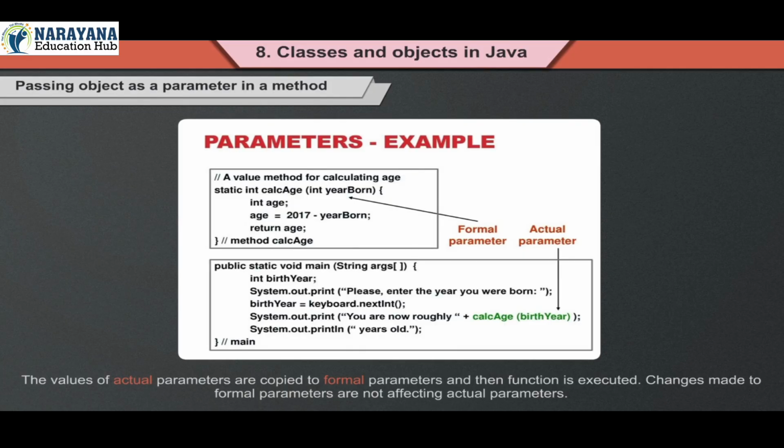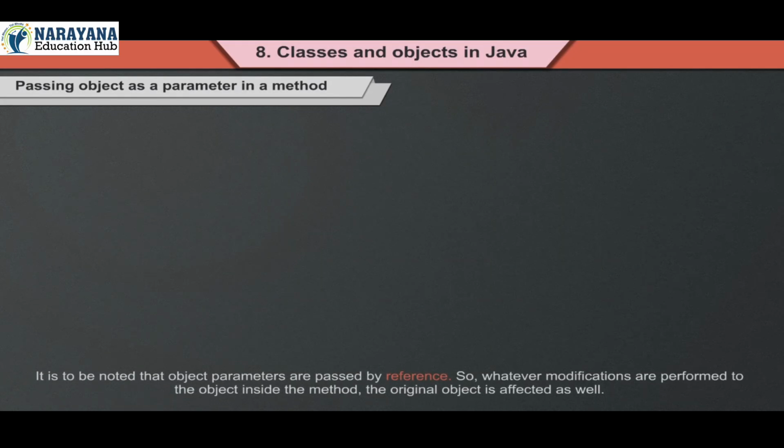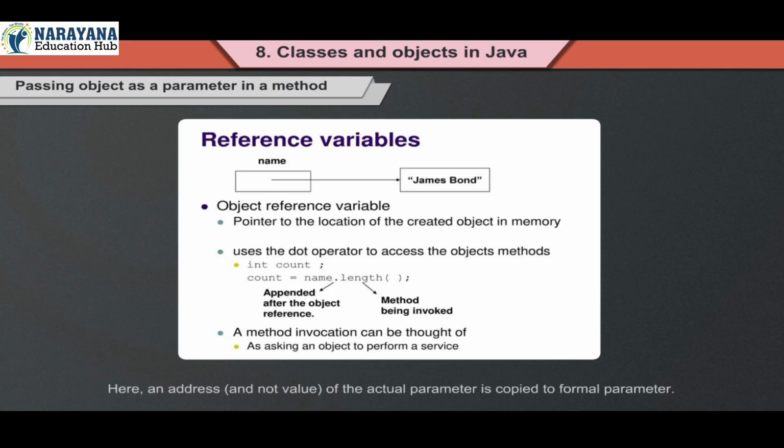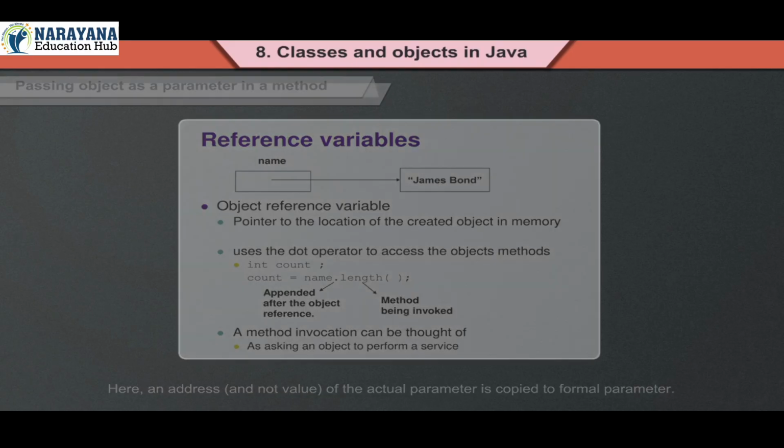Changes made to formal parameters are not affecting actual parameters. It is to be noted that object parameters are passed by reference. So, whatever modifications are performed to the object inside the method, the original object is affected as well. Here, an address and not value of the actual parameter is copied to formal parameter.